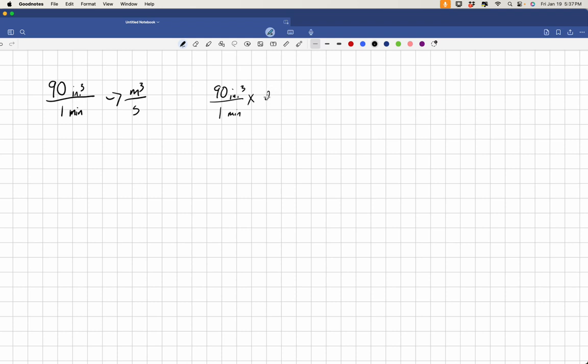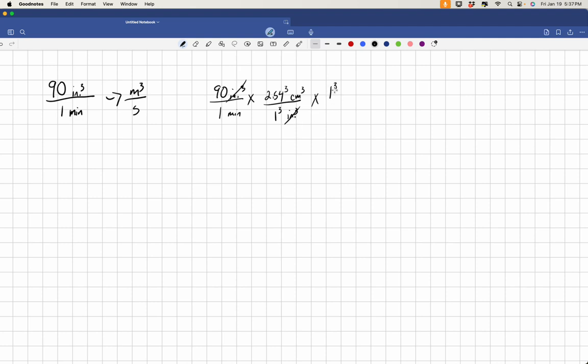So I know that there are 2.54, and I'm going to cube this because I don't want to write it 3 times. And then in a meter there's 100 centimeters.